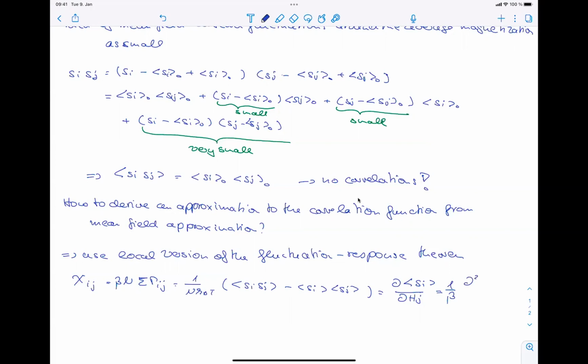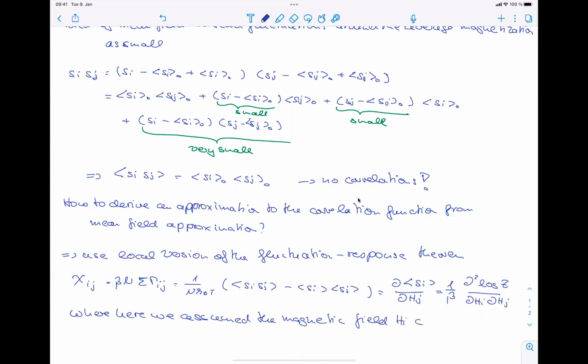Then it's the second order derivative of the free energy, here using the ln of the partition function, d h_i d h_j. Also note this down, where we here assumed field h_i can be varied independently.